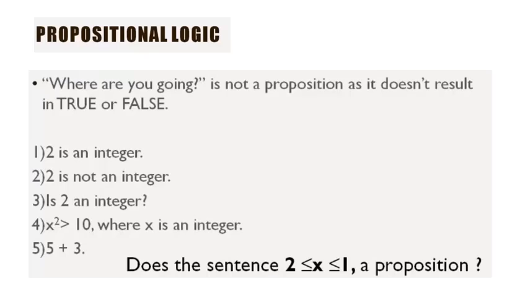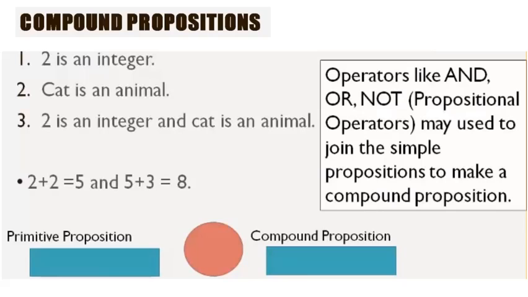Now, two propositions can be joined together with the help of connectors, and that makes a compound proposition. For example, "2 is an integer" is one proposition, and another is "cat is an animal."